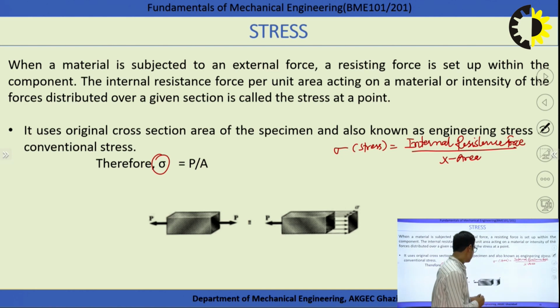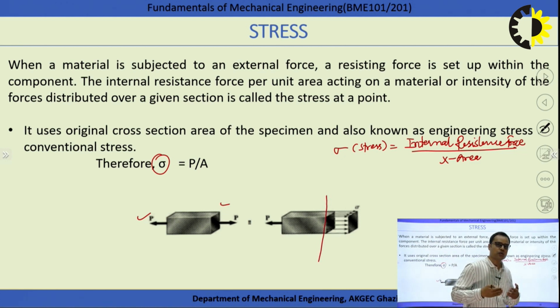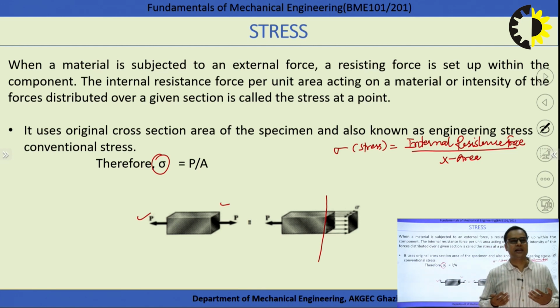Suppose we are considering a bar subjected to force P. If I cut it, I can easily observe the internal resistance offered by the material against the load. So that internal resistance per unit cross section area on which it is acting is called the stress.